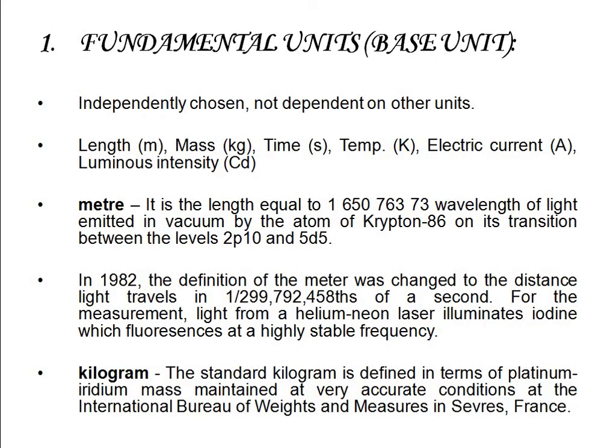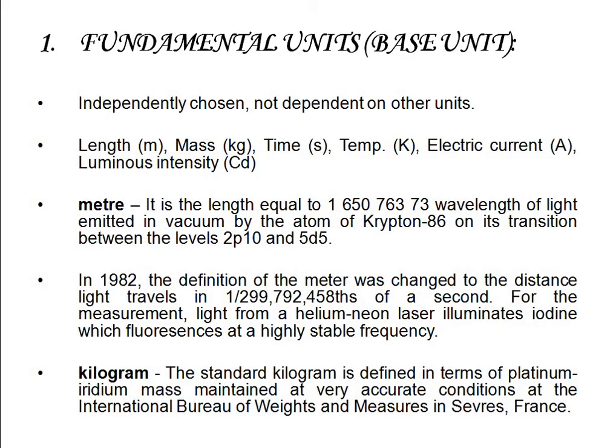Fundamental units are nothing but length, which has the unit meter, mass as kilogram, time as second, temperature as Kelvin. For electric current it is ampere, and for luminous intensity it is candela. For the meter, we have various definitions given by many scientists, and the accepted ones are given here.